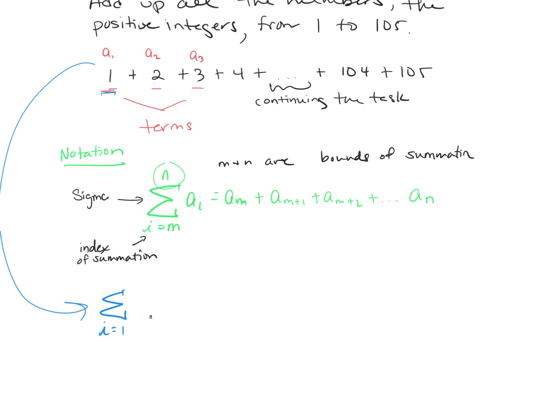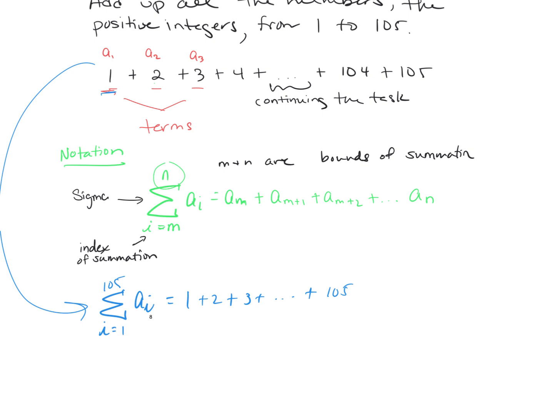And where do I end? 105. But what did I do each time? That's telling me when i is 1, I'm going to do 1. And then keep going up, and keep going up, and adding until I get to 105. And then we would get an answer, but right now I'm just talking about what it looks like.